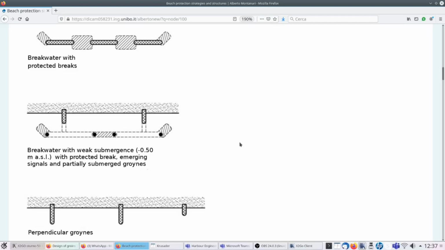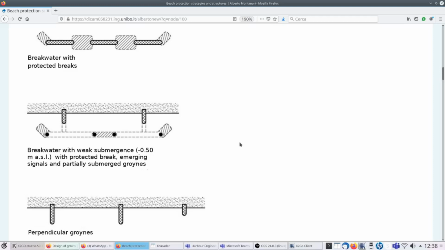Keep in mind that the along-shore sediment transport usually is effective in the long term. It's a long-term process. The cross-shore sediment transport is typically a short-term process. The cross-shore is particularly relevant during storms. The long-shore sediment transport is relevant in the long period.